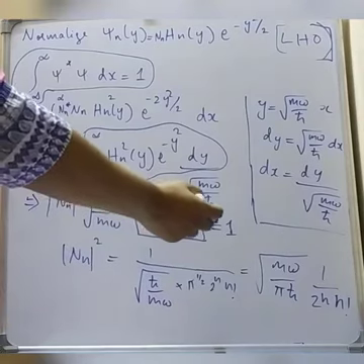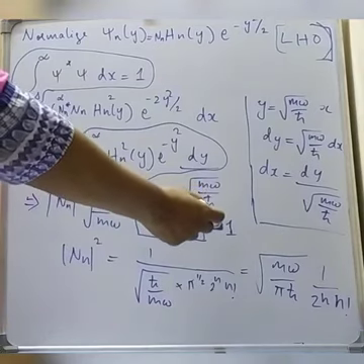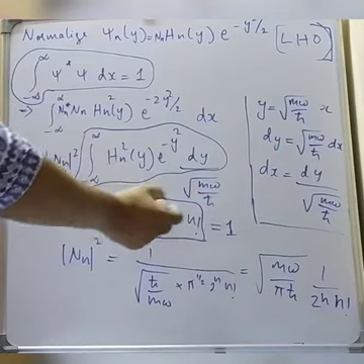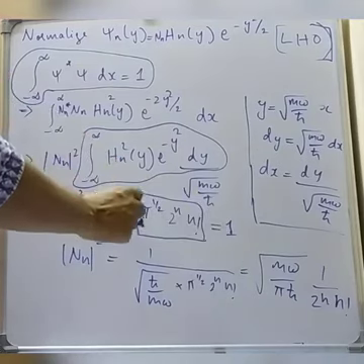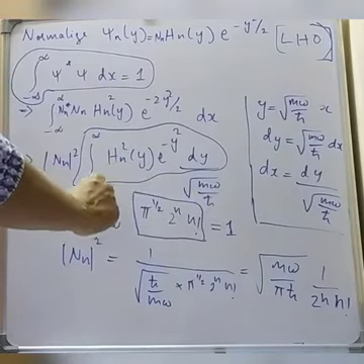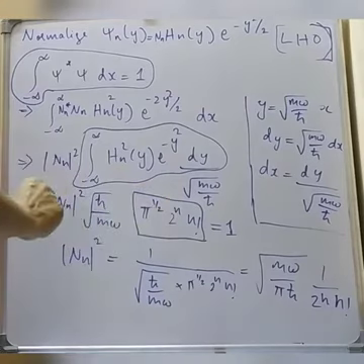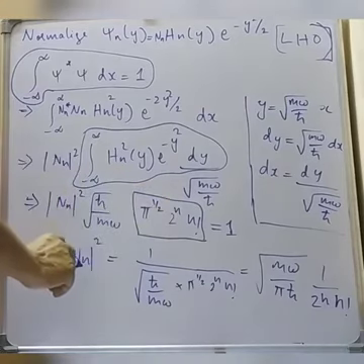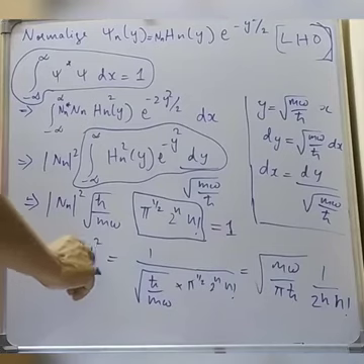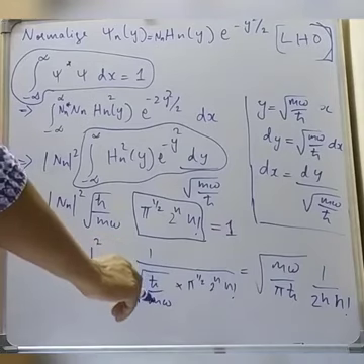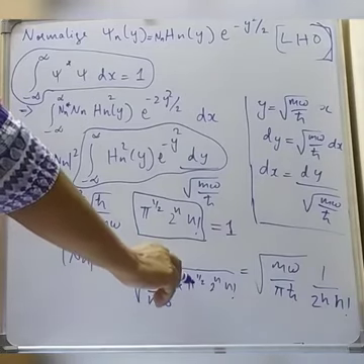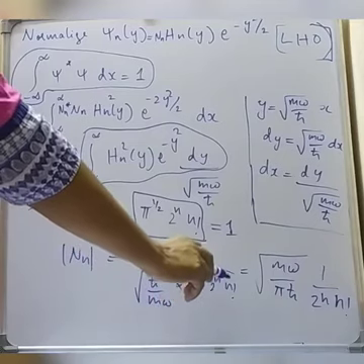We have the right hand side equal to 1 because it is the normalization condition. Taking all the constants to the right hand side, we have mod N square is equal to square root of h cut by m omega, square root of pi, 2 raised to n, n factorial.